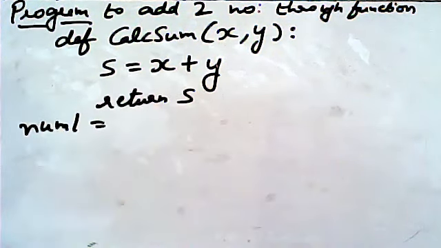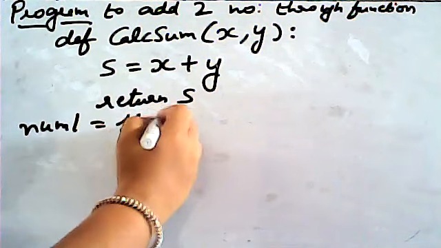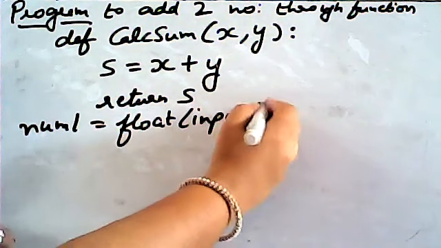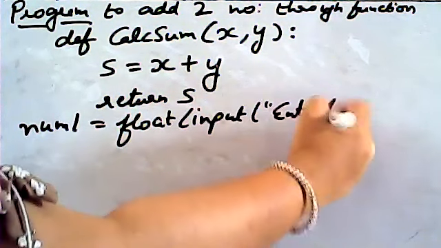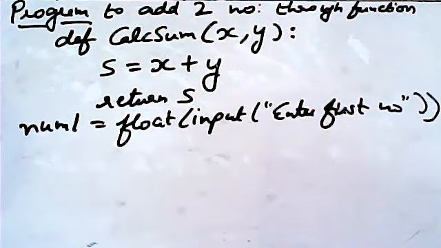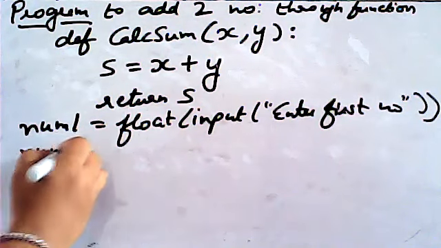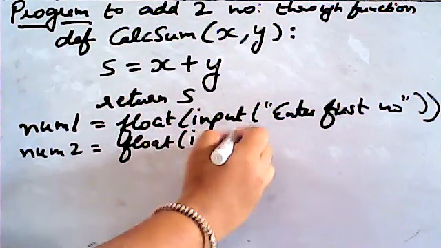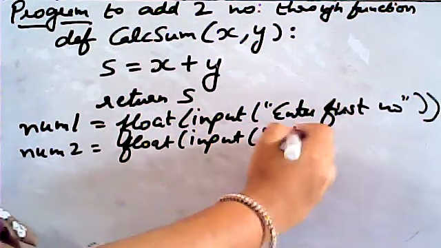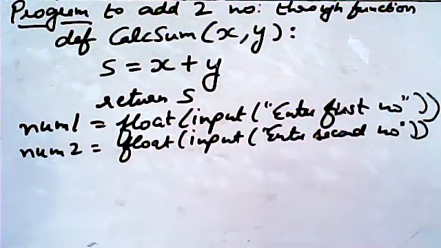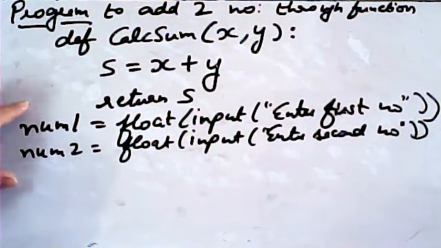If I want decimal values also, I just write float, input, enter the first number. Same for num2: float, input, enter the second number. Now I have taken the input.